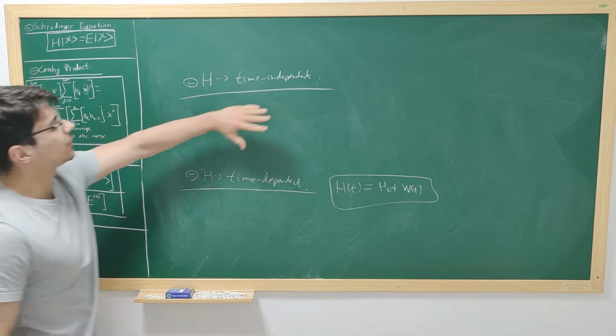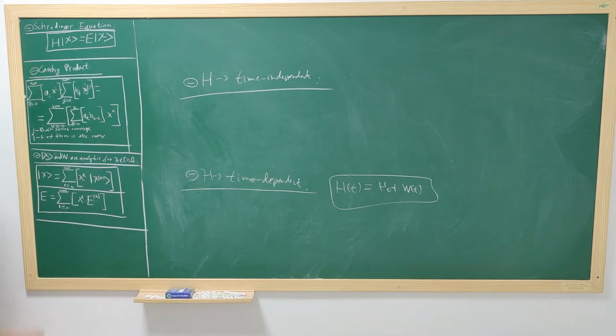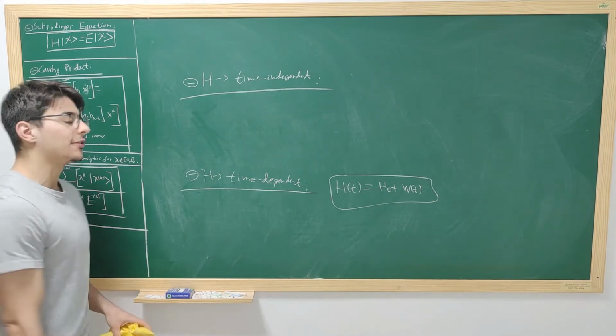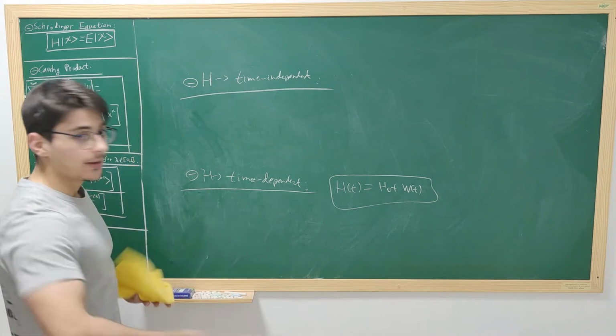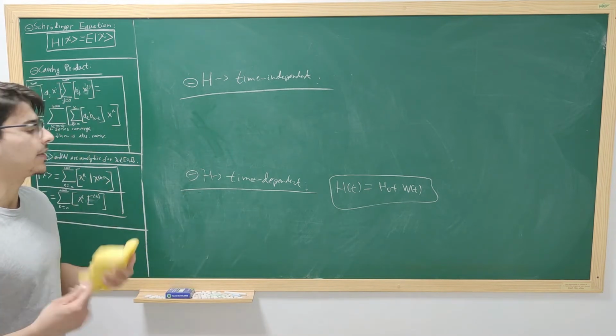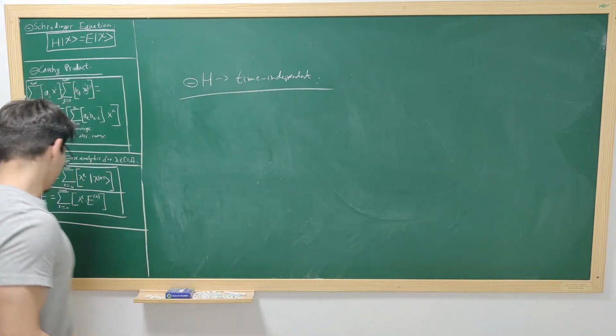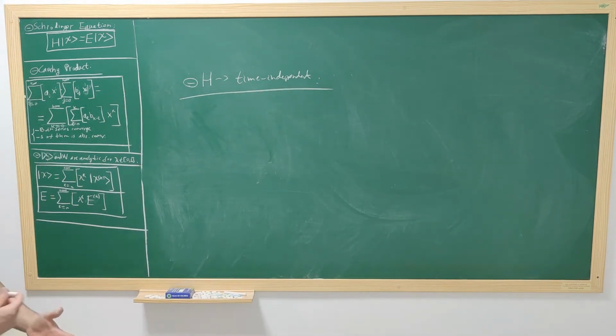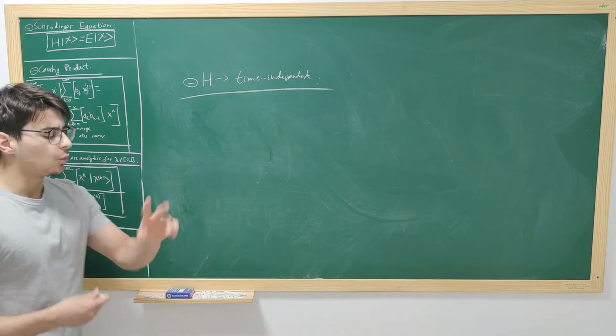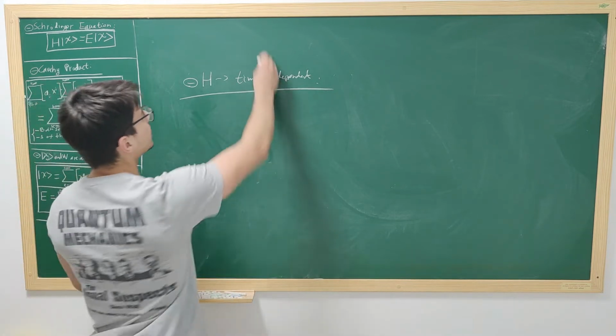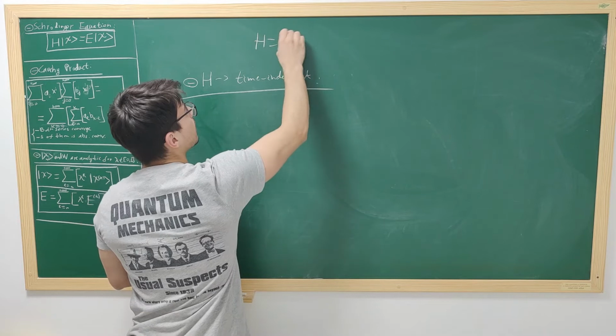So first of all, we'll be treating time-independent theory, which is really useful, and then we'll get on to understanding what time-dependent theory is. For now, let's just worry about this. So, time-independent theory. We will consider two cases. As always, let me just write the form of the Hamiltonian.